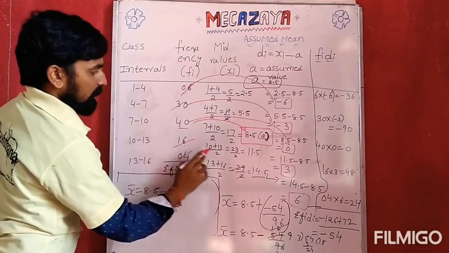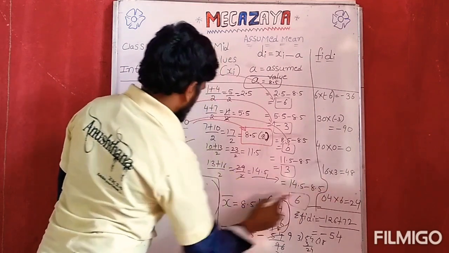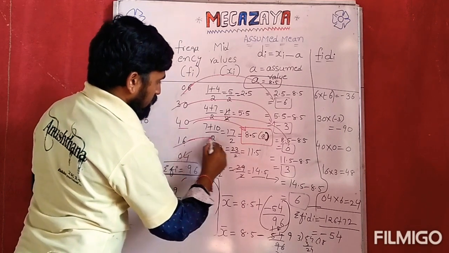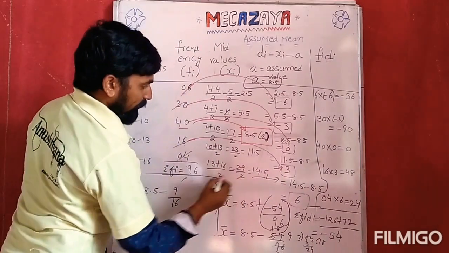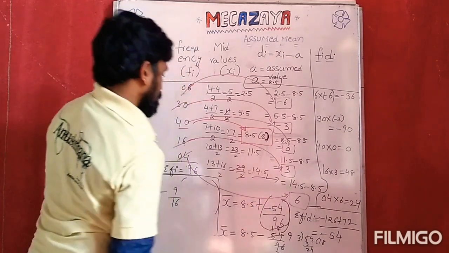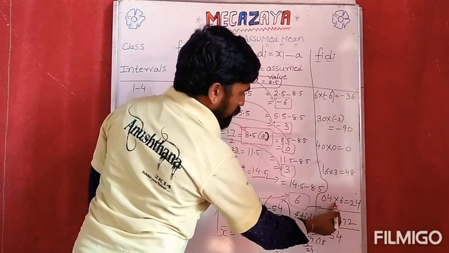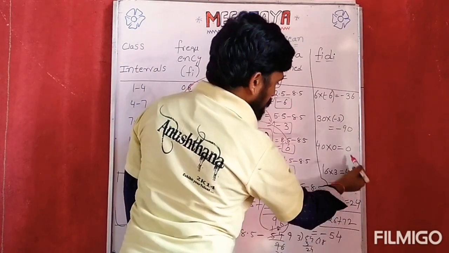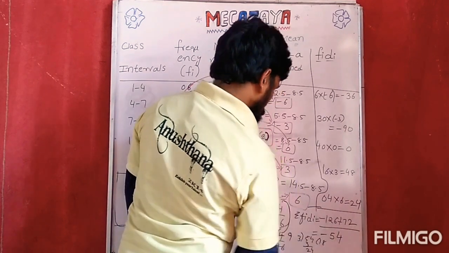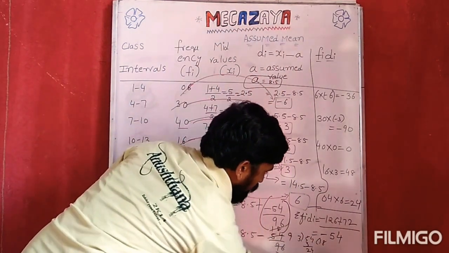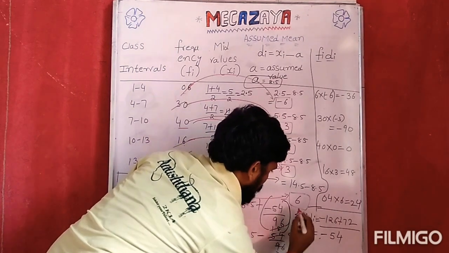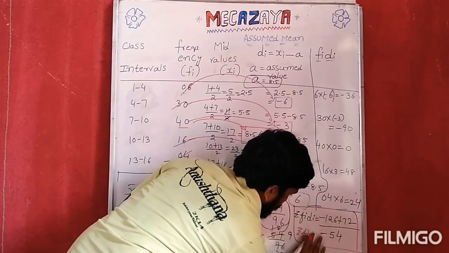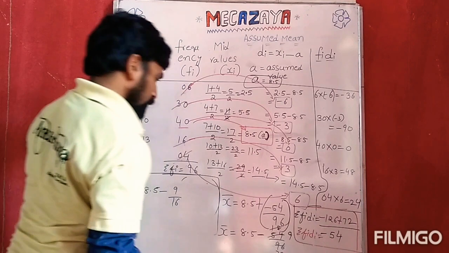Next, 16 into 3, 16 3s are 48, and 4 into 6, 4 6s are 24. Add the sigma fi di: minus 36, minus 90 is 126, plus 48 plus 24 is 72. So sigma fi di equals minus 54.